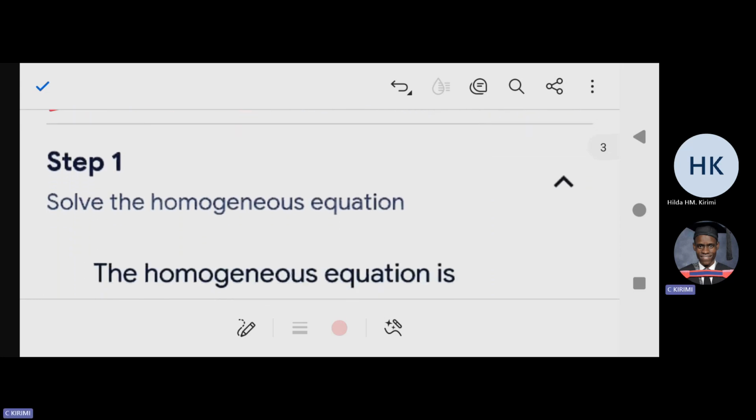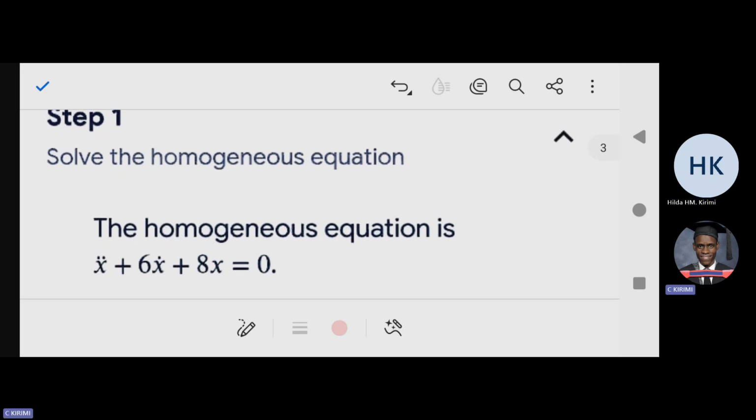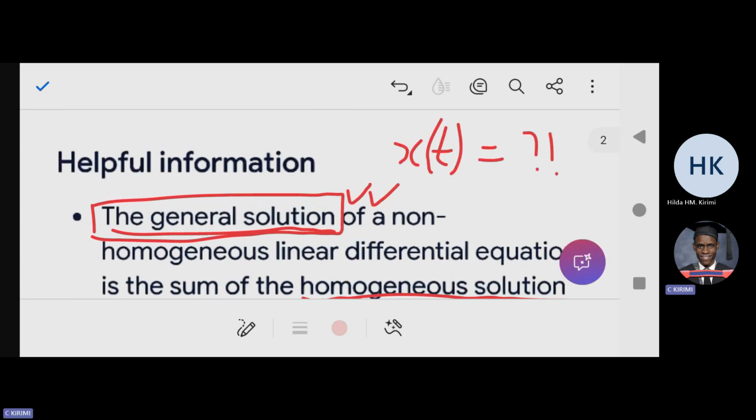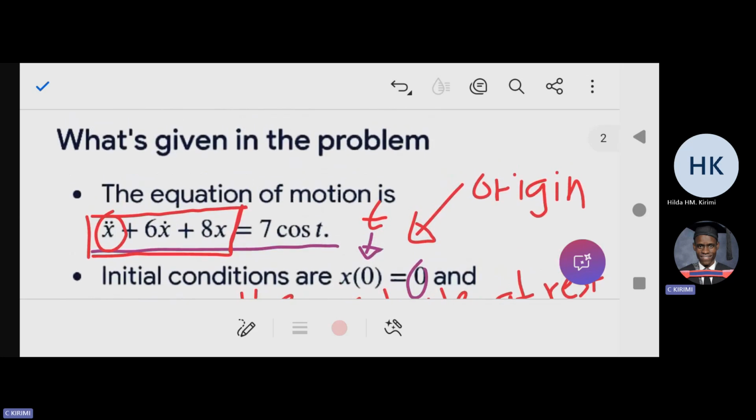So step 1, we are going to solve this homogeneous equation. Like I indicated, for the homogeneous equation you only solve the left part of the equation. Remember, the original equation we are solving is x double dot plus 6 times x dot plus 8x is equal to 7 cos t.